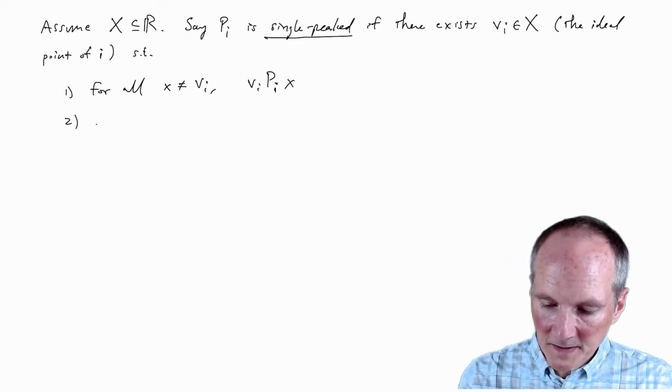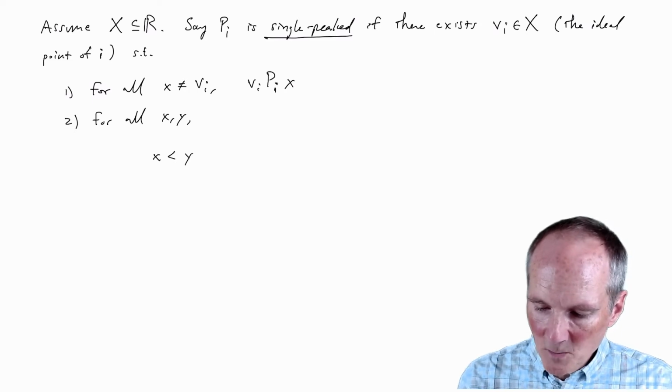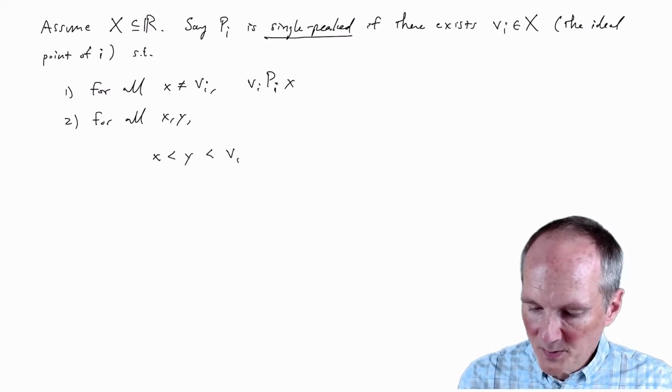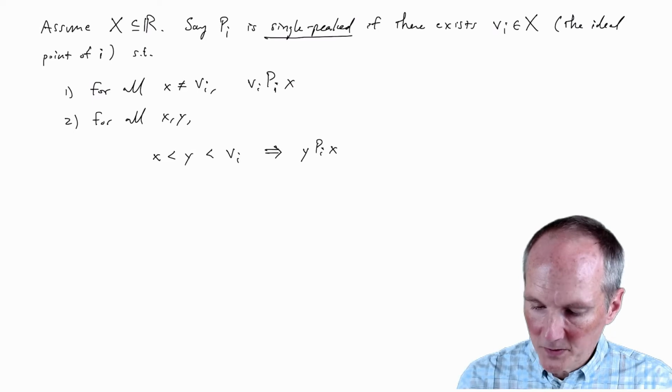The second condition is that for any two alternatives, x and y, if x is less than y and y is less than the ideal point, then y is strictly preferred to x.